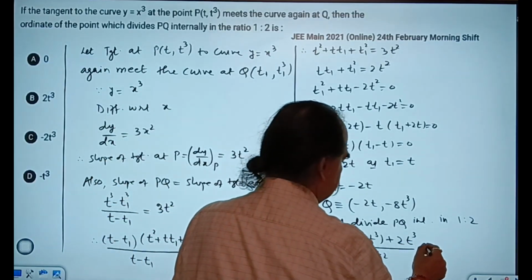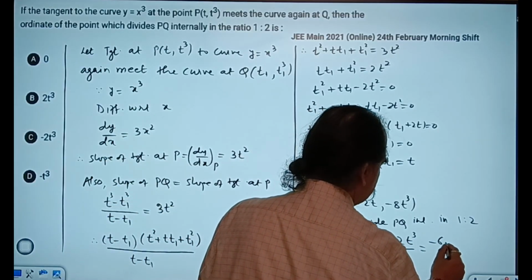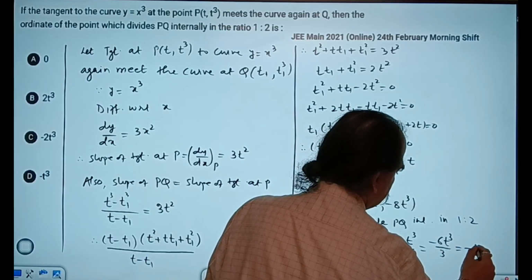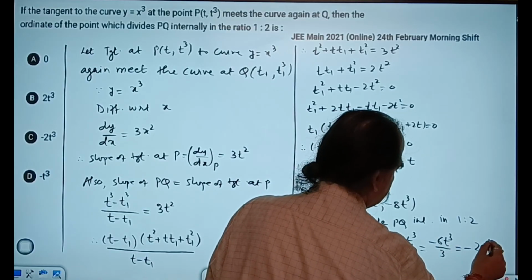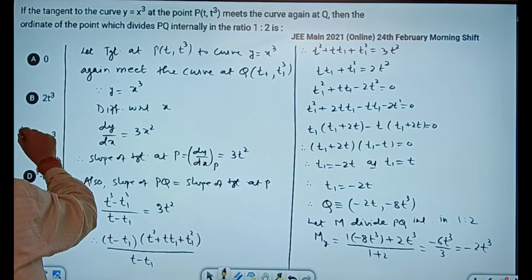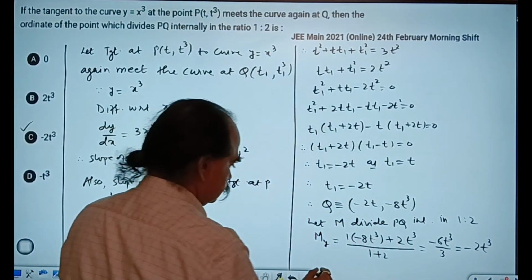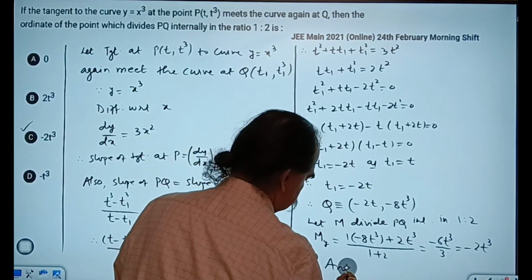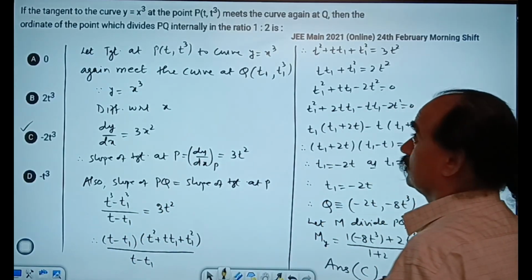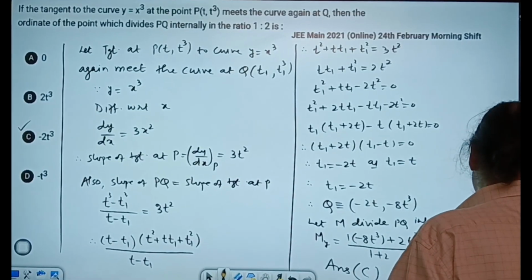Minus 8 plus 2 is minus 6t cube upon 3. So minus 2t cube is the answer. We want the ordinate.